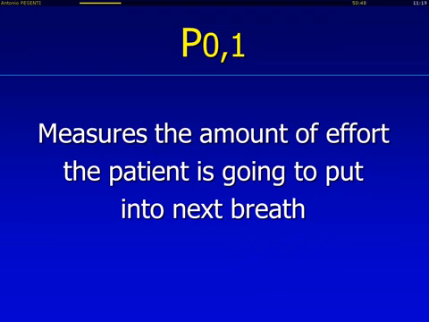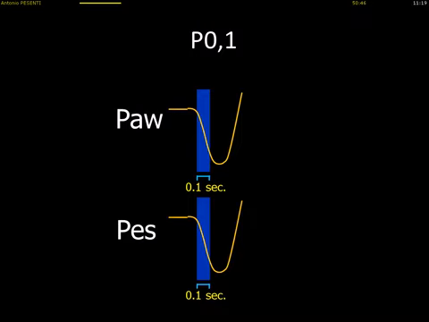If you make a patient breathe against an occluded airway, the pressure will go down with the speed the patient thought necessary for an open airway. And it will go faster, if we go down faster, the more force the patient thinks he will need.